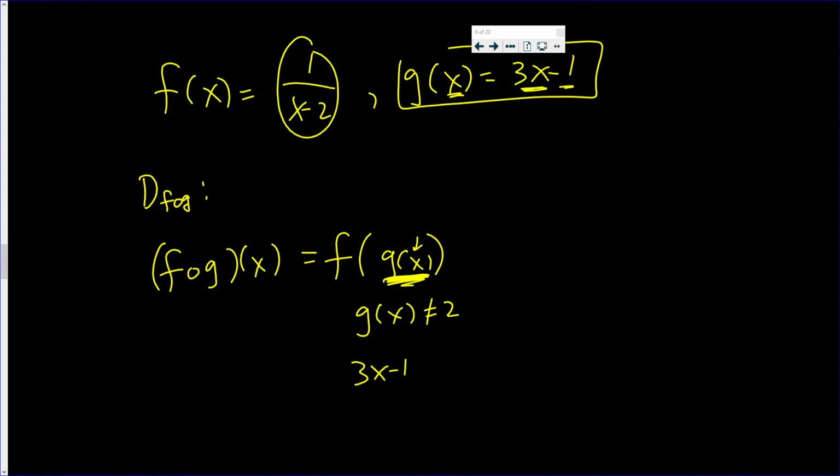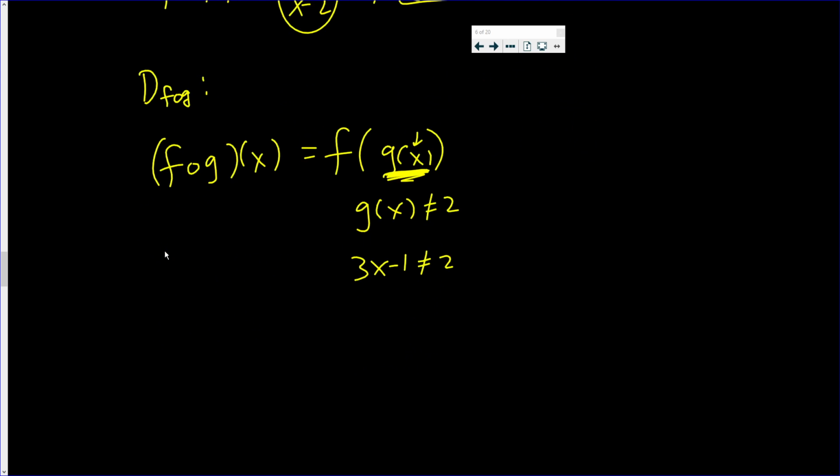That is, 3x minus 1 cannot be 2. That's going to mean that x can't be 1. Because if I add 1 to both sides, I get 3x cannot be 3. Divide by 3, x cannot be 1. Because g of 1 will equal 2.